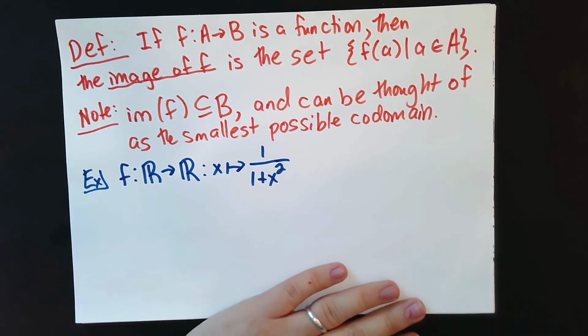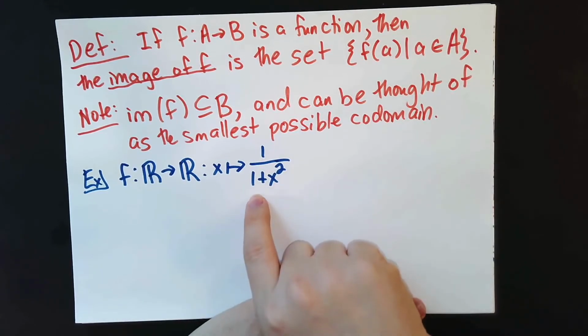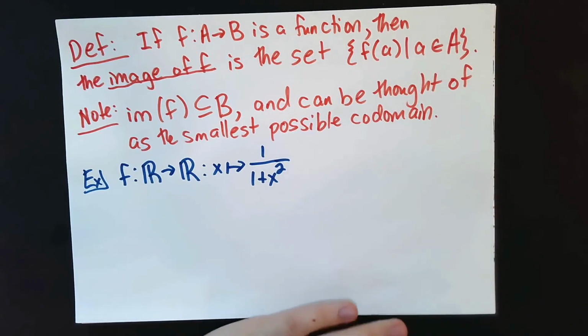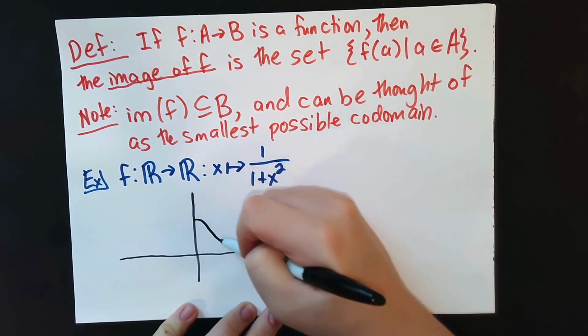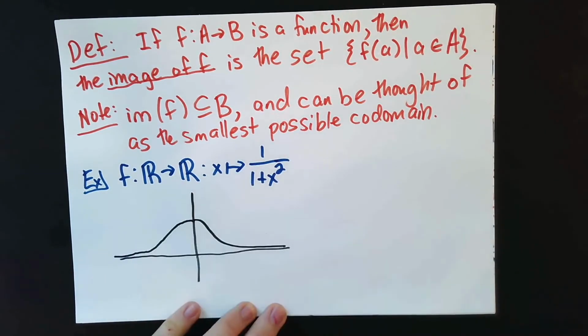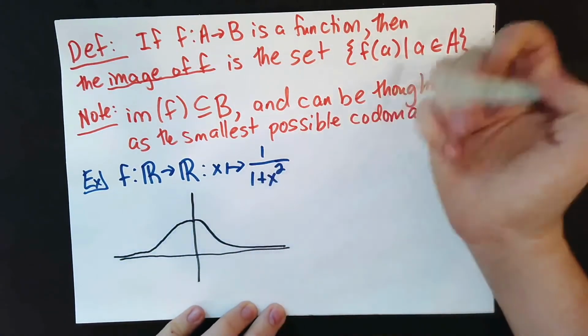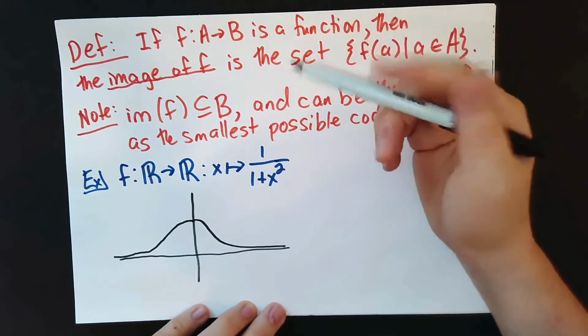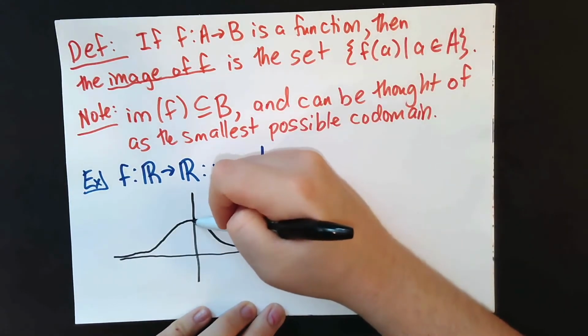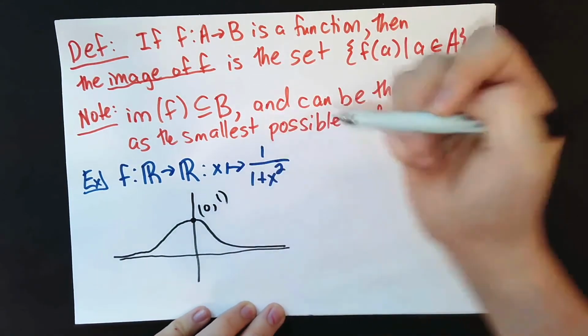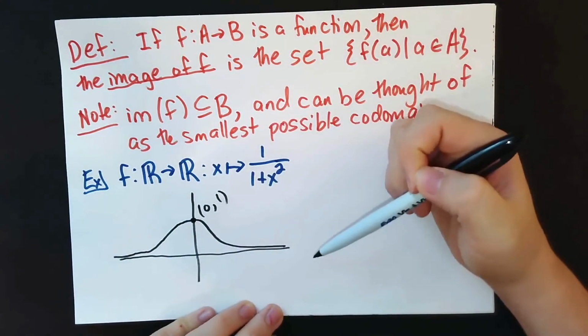So what is the image of this function? The image is the set of all the outputs that I get. And in terms of thinking about that, it might be helpful to picture what the graph of this looks like. Namely, the graph of this function looks like this little bump. In fact, this is often called the bump function. The y-intercept here is (0, 1), and there's a horizontal asymptote at 0.